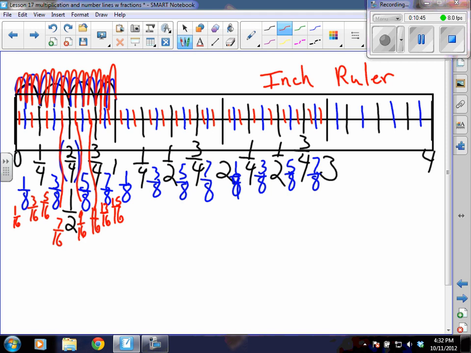All right. For your sample, I want you to create a number line, and I want you to go 0 to 3 once again. And this time I want you to divide it into equal segments of 10. So there should be 10 units between each number.